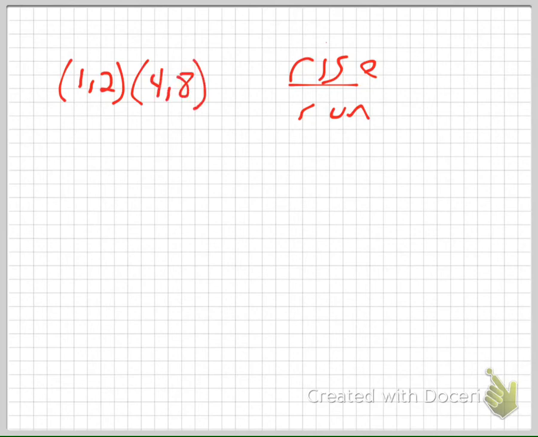Without using the coordinate plane, you can tell me the slope just by doing some math. If you had to, you could graph them: plot (1, 2) and (4, 8), then go up and over and figure out the slope.